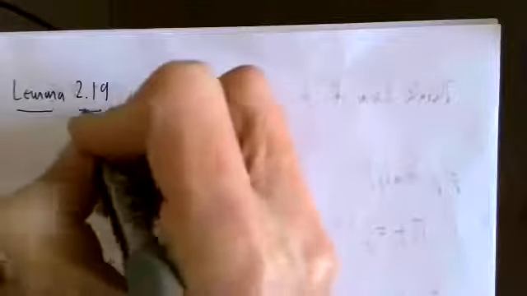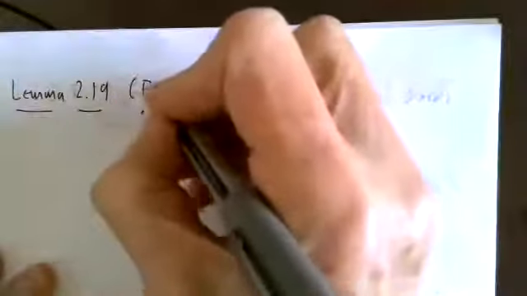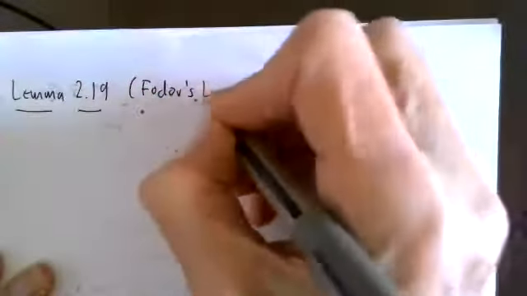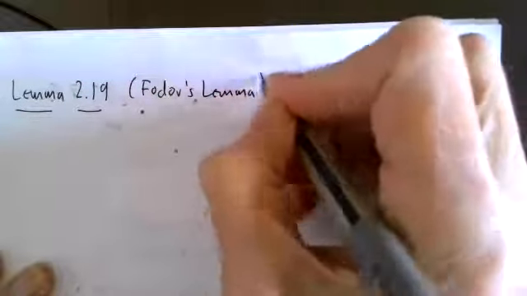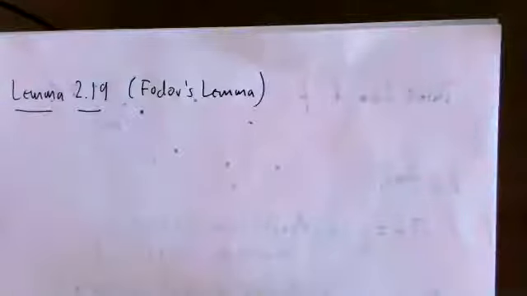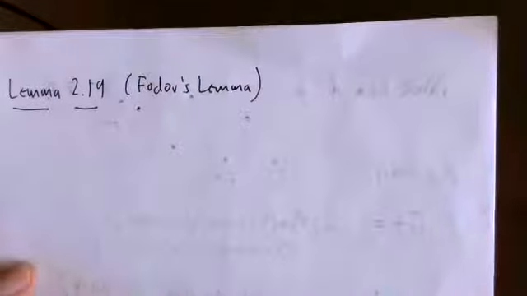The setup is we've got a function that's so-called regressive on a stationary set. Fodor proved in the 50s a sort of preliminary version.